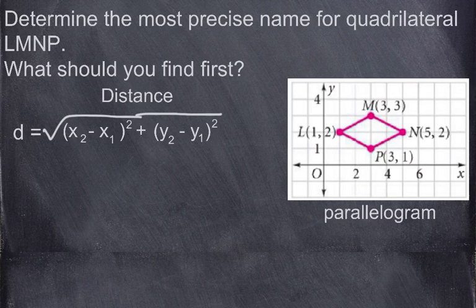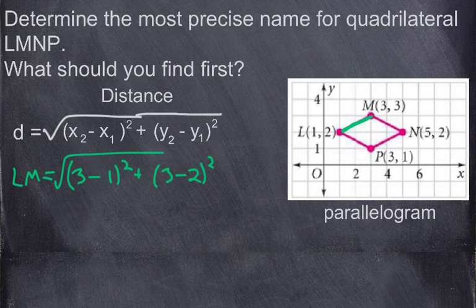So what we're going to do, let's just go ahead, we're going to find the distance of LM first. Stylus is wigging out on me. LM. Again, we'll do the x value. Pick one of the x values, subtract the other, squared, plus the y value minus the other y value squared.